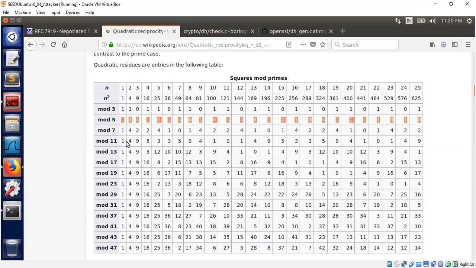On the other hand, it is true here, the number 2 occurs here. Of course, 2 can be written as a quadratic residue because as we can see here is 9. What is 9 mod 7? 9 mod 7 is 2. 9 itself is 3 square. So using this table, we can draw some interesting conclusions.